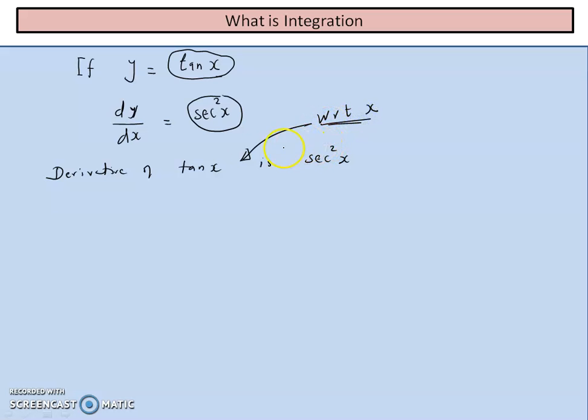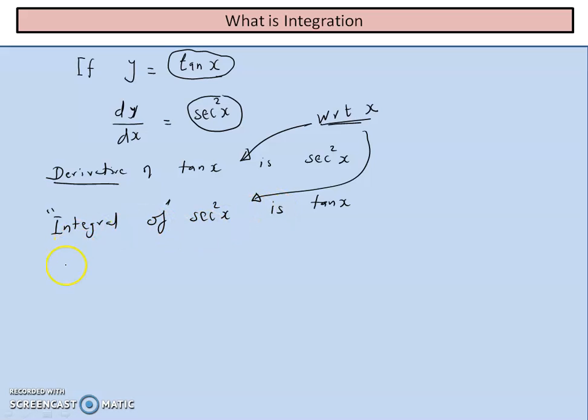Now, the thing whose derivative is sec square x is tan x. So I am just writing it the other way around. So what is the opposite of derivative? Integration, or integral. So the integral of sec square x with respect to x is tan x.